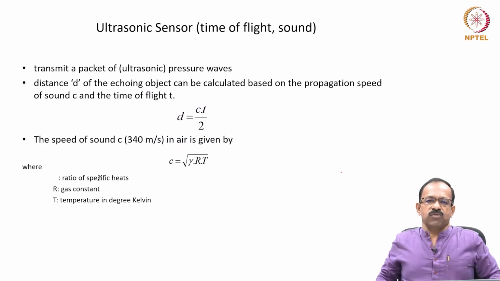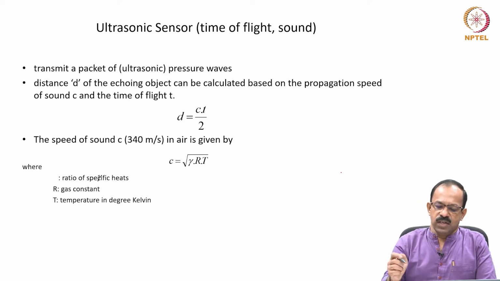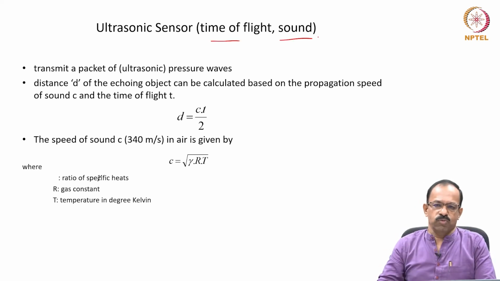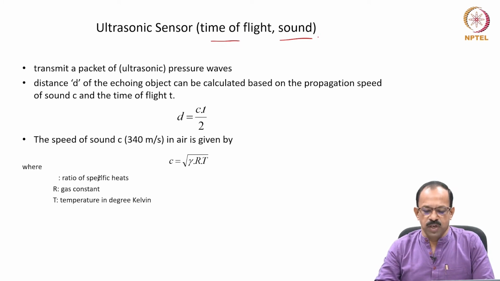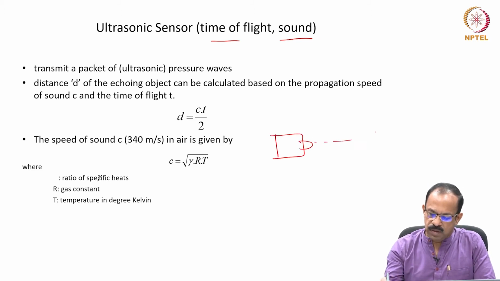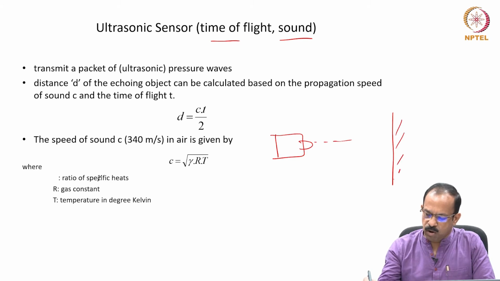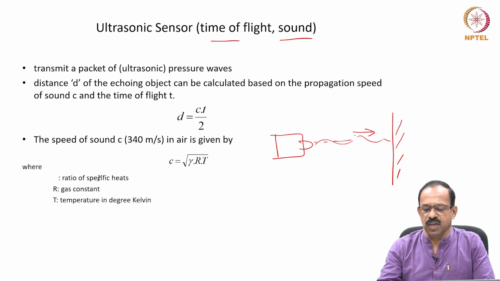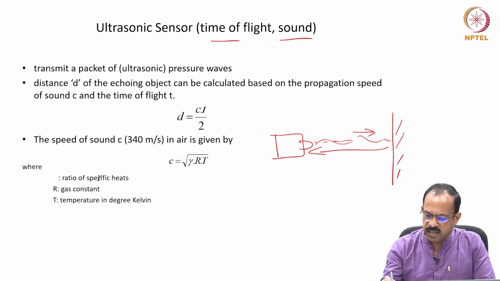Let us look at the ultrasonic sensor first, which again uses time of flight and the sound signal. We know the speed of sound in the air, and once we know that, the sensor will be sending a signal, and suppose this is the object. The signal will go in this direction, then reflect and be received here.